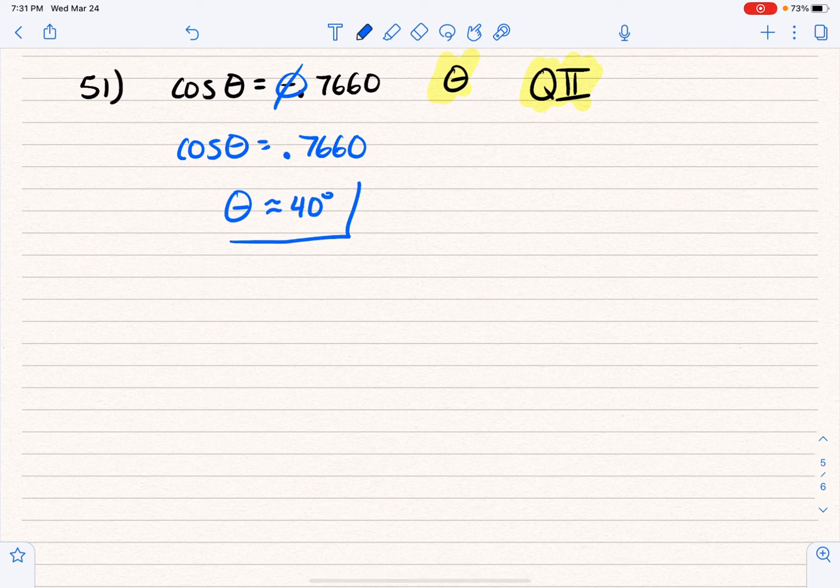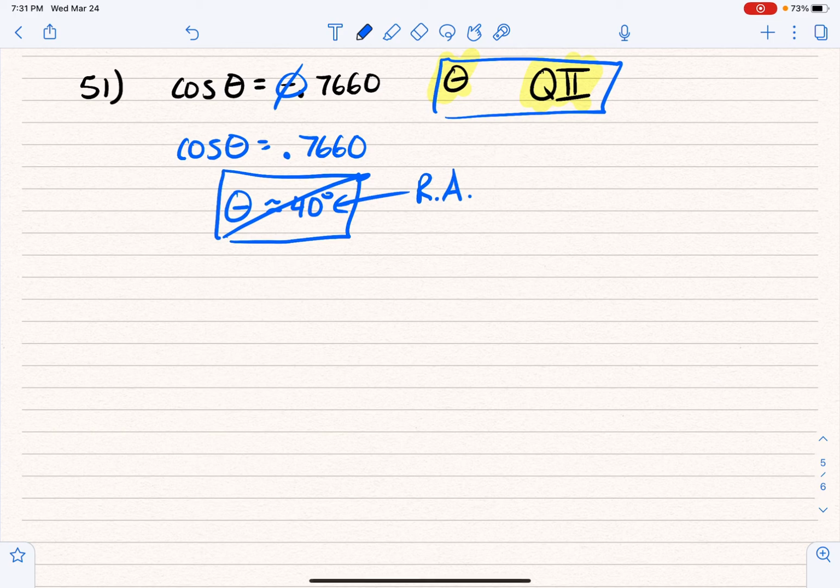Now, the problem is that's not true. Theta can't be about 40 degrees because theta is in quadrant 2. So this right here is the reference angle. I want to go to quadrant 2. Okay, quadrant 2, it's going to be 40 degrees up above the x-axis. That's right here. That's 40 degrees. So then I want this angle right here.